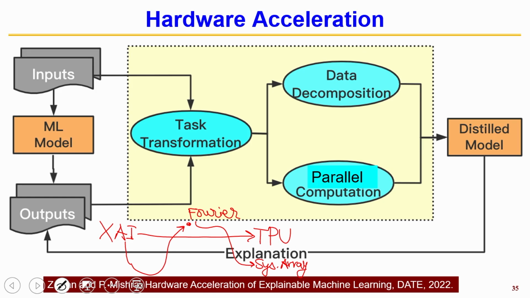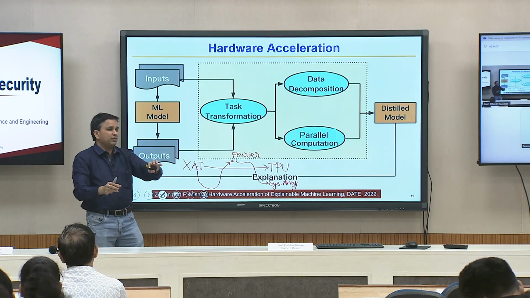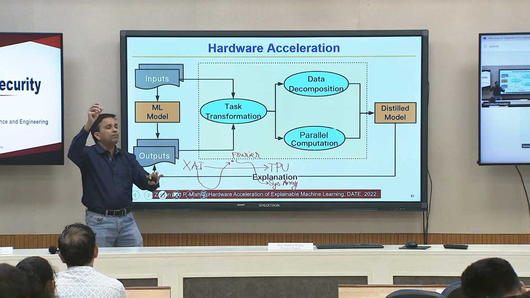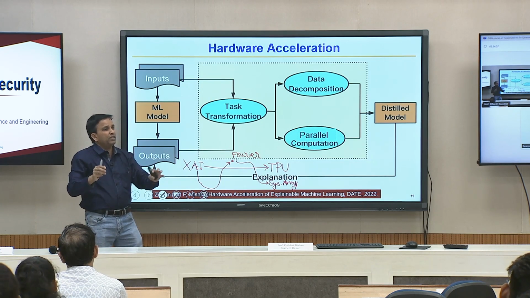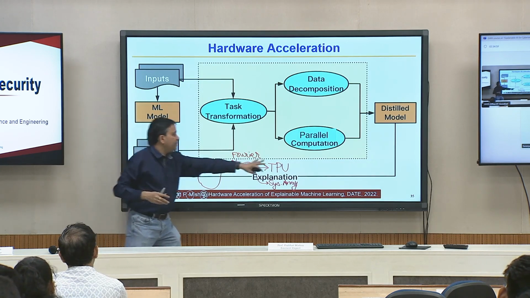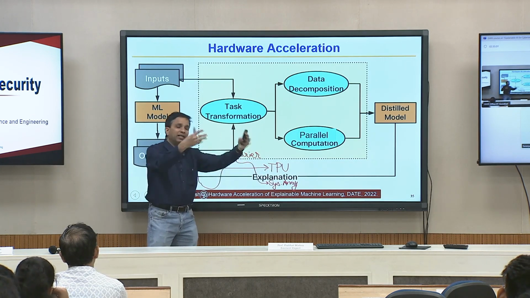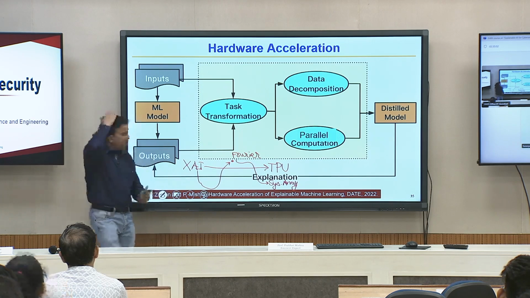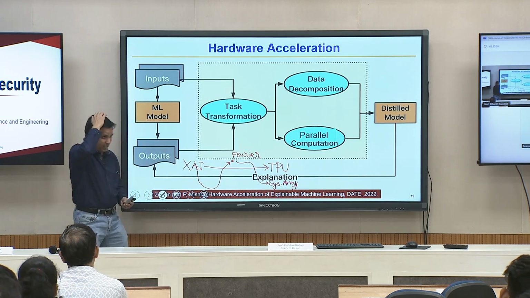If you are using 2, 4, 8, 32 TPUs, then you do not have to treat it as matrix 1 and matrix 2 as a whole. You can deal with row 1 of matrix 1 and column 1 of matrix 2, row 2 of matrix 1 and column 2 of matrix 2. Those can go to the TPU and systolic array and happen in parallel. So parallelism is orthogonal to this idea.